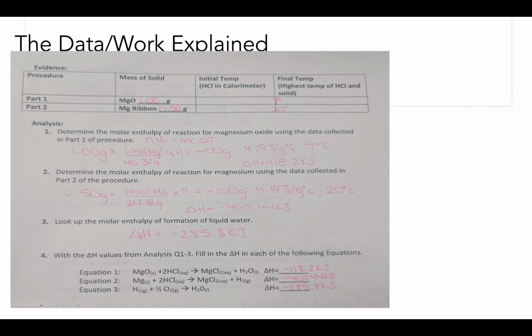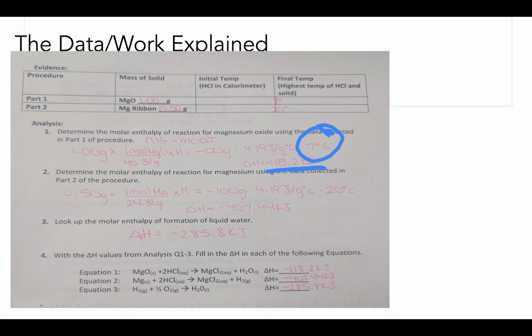So what I have here is the data collected if we did 2 calorimetry experiments, one with magnesium oxide and reacting it with hydrochloric acid, and then measuring that temperature change, which was a change of 7 degrees, and then figuring out the delta H of that reaction using the calorimetry formula.